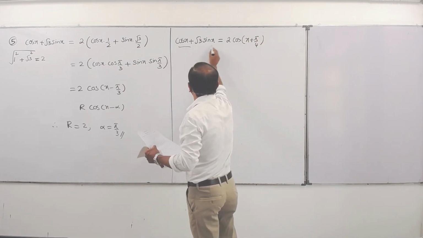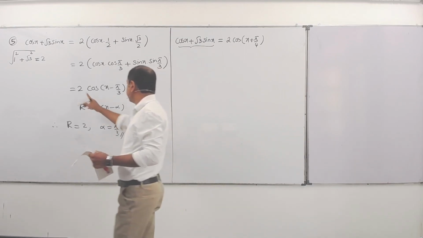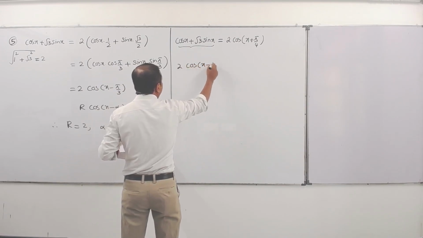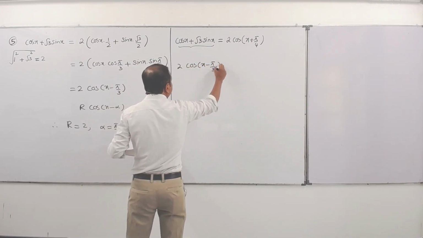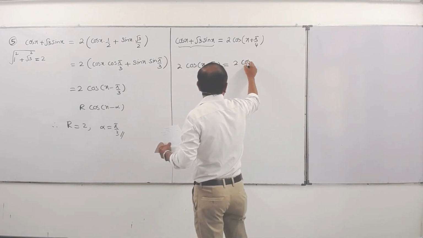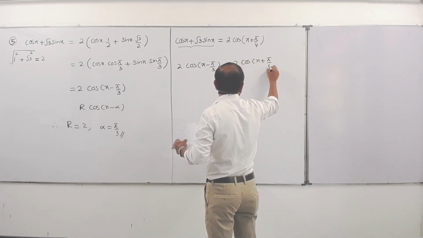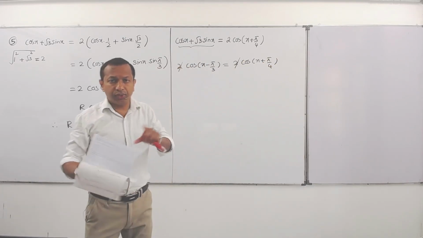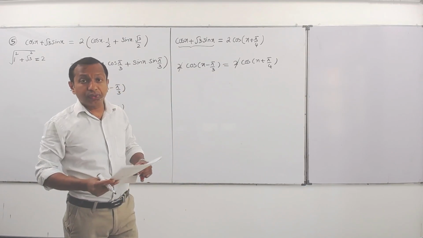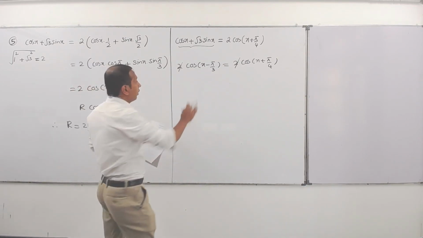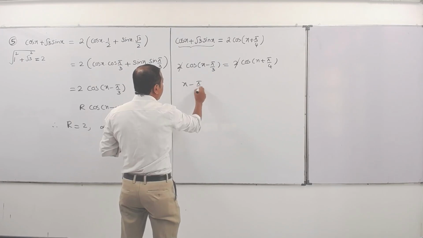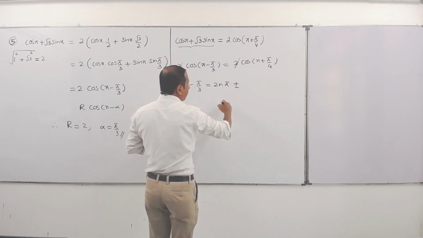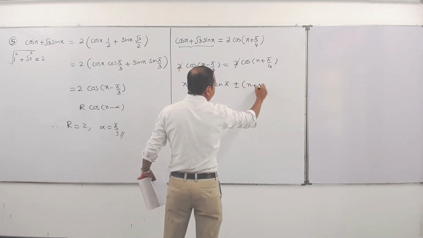For this now, you can put 2 cos(x minus pi by 3) equals 2 cos(x plus pi by 4). This and this you can cancel down. Now we have a cos equality. Now you know how to write the general solution for a cos equality. This angle x minus pi by 3 is equal to 2n pi plus or minus (x plus pi by 4).